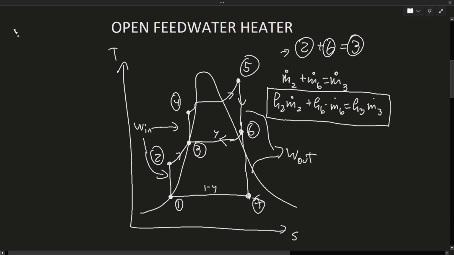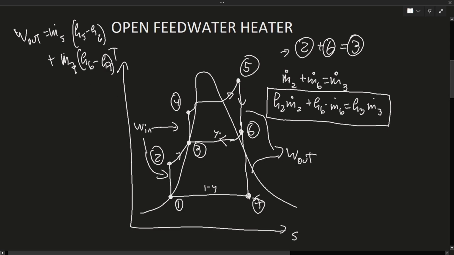But for W out, you have to take the mass flow rate M5 times (H5 minus H6), plus this part, M7 times (H6 minus H7). Because this is complicated, you have to keep in mind how much mass is flowing.